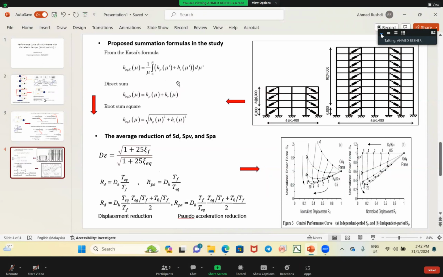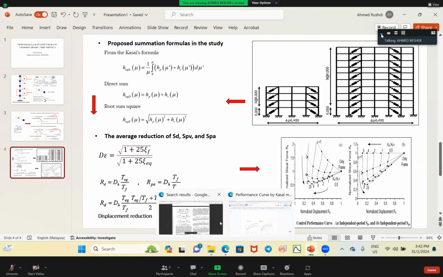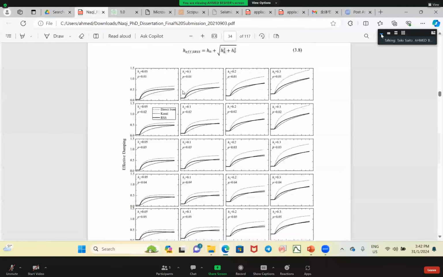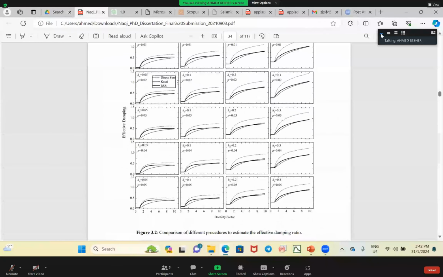I'm still trying to find out how to adapt this formula for the viscoelastic damper. And I will plot the difference between the effective damping for each formula, like this one as described here, in this thesis.